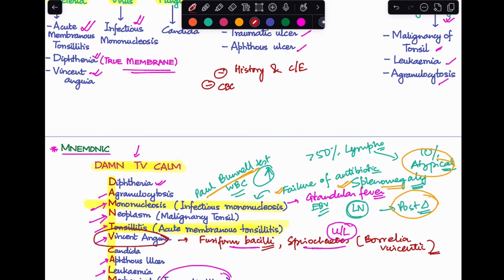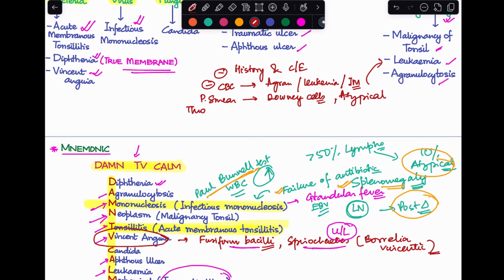This will help you in pointing out agranulocytosis, leukemia, or an infection like infectious mononucleosis. Then we'll perform a peripheral smear. A peripheral smear can help you in exposing Downey cells that we see with Epstein-Barr virus in infectious mononucleosis, or atypical cells that we see in leukemia.